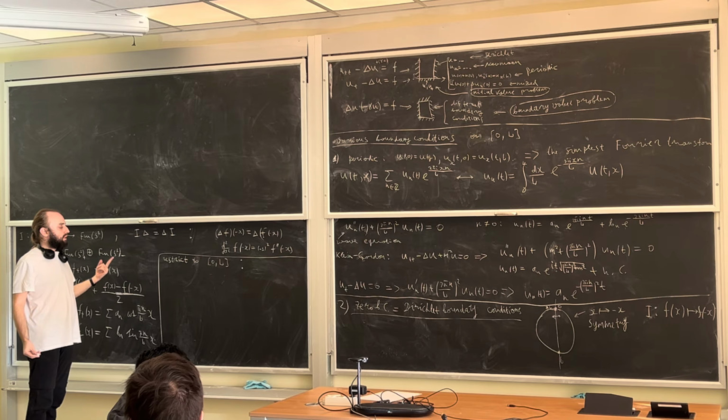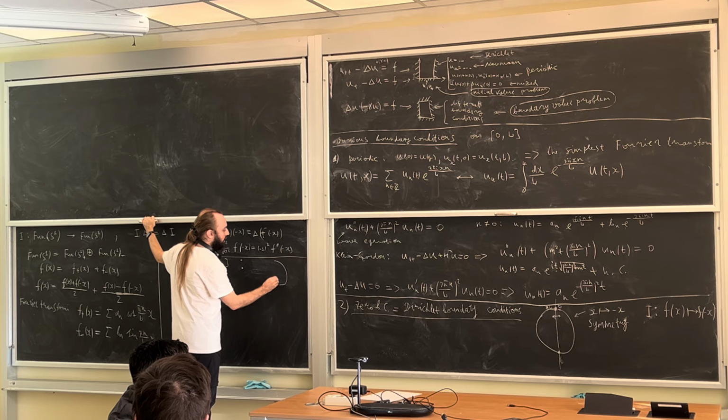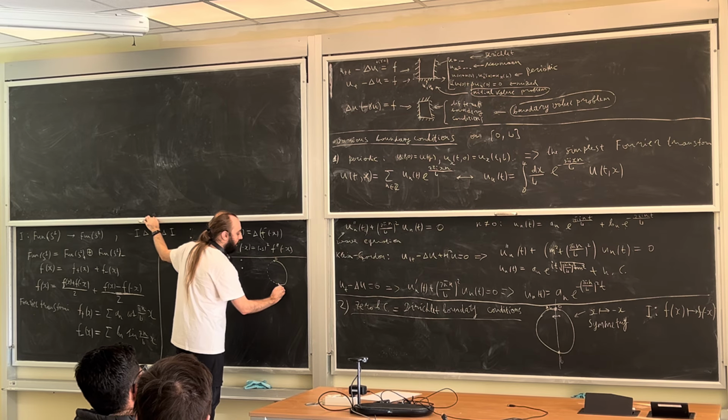So in principle, we have some function that was defined on the whole circle and was odd or even.